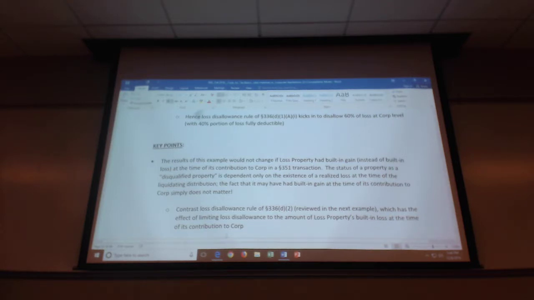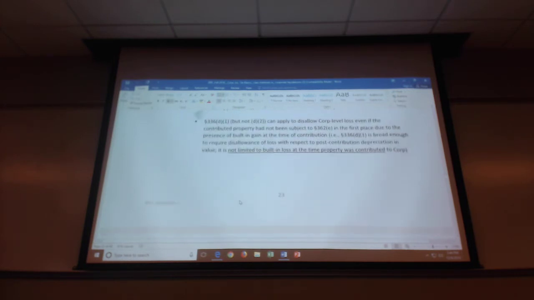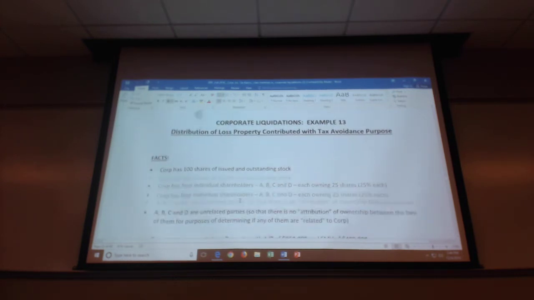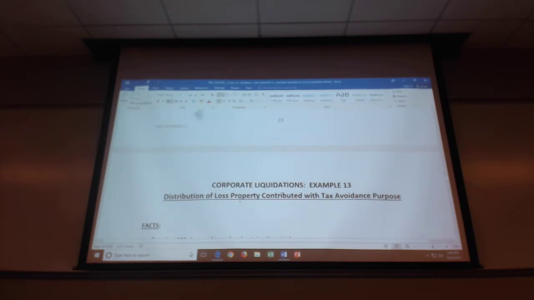Whereas in the case of the evil intent rule, let's skip to the example. Example 13 on page 24 illustrates the problems that can ensue if the property is contributed in a 351 transaction.